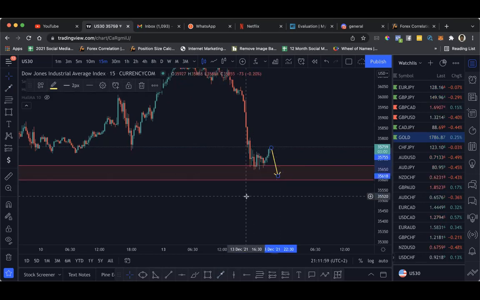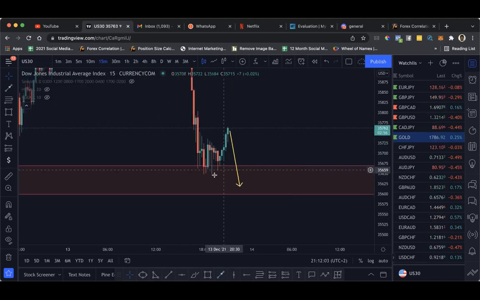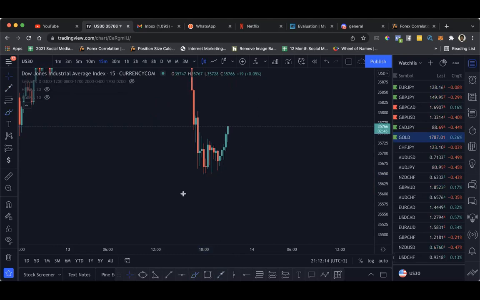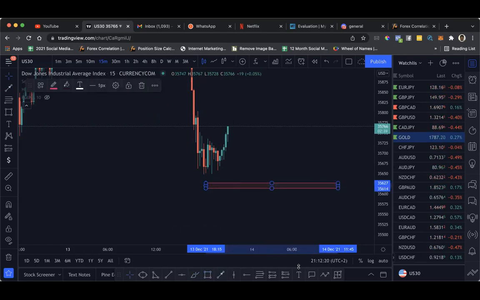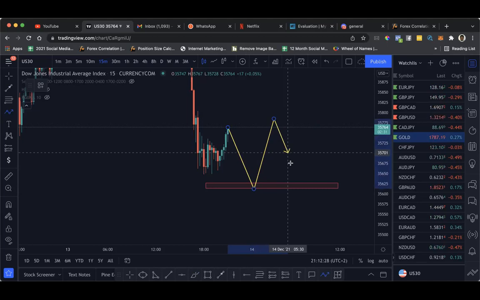Okay, because here is liquidity. There's a lot of liquidity here. So if price comes back down into this zone to form another block, maybe somewhere here, price will come back down here and then go back up and then come back down.